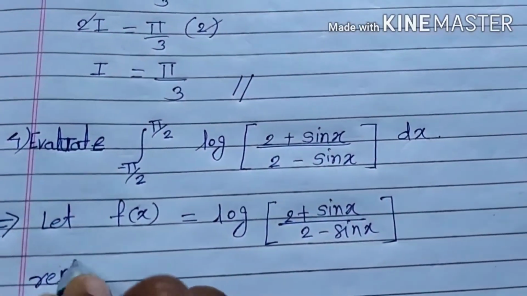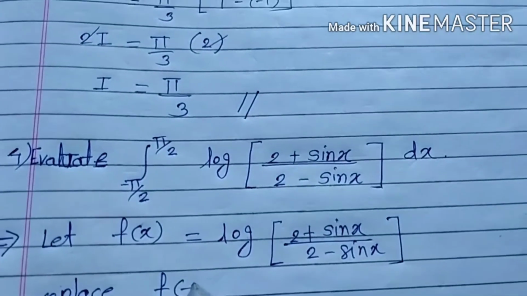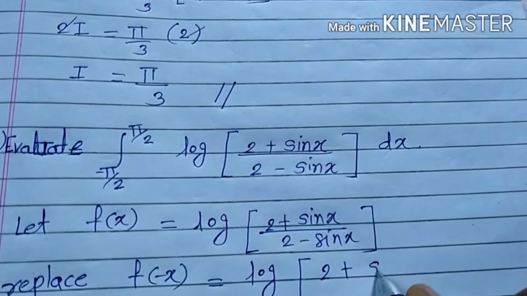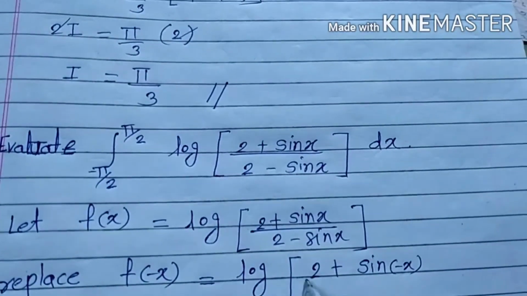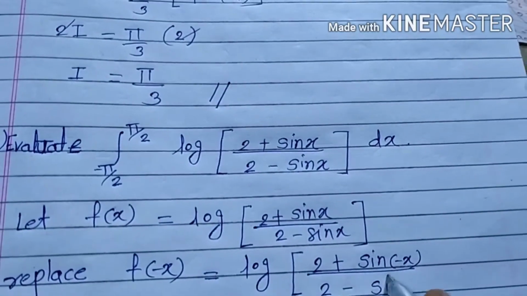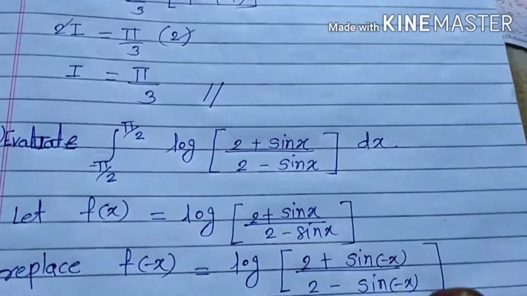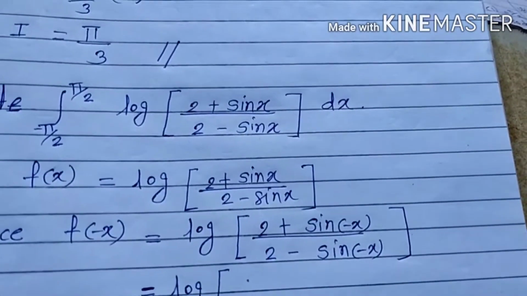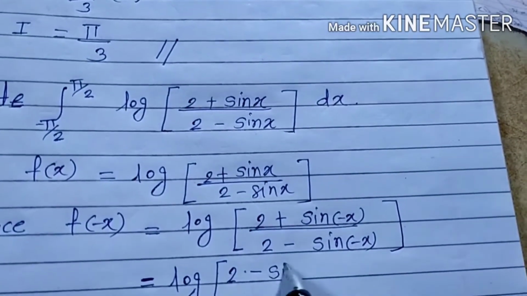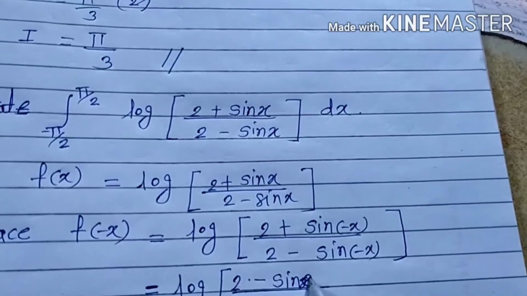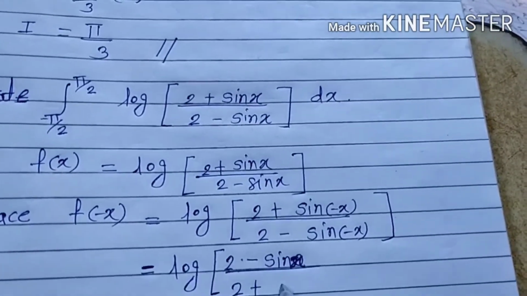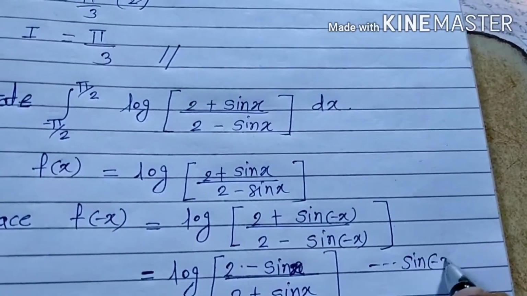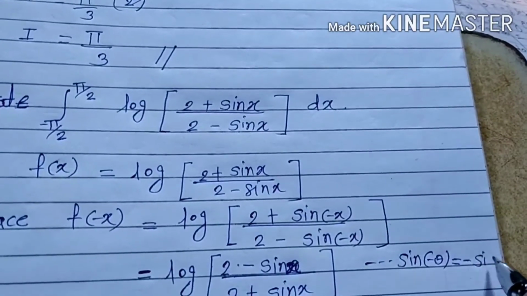Now replace x by minus x, so f of minus x is log of (2 plus sin of minus x) upon (2 minus sin of minus x). So it is log of (2 minus sin x) upon (2 plus sin x), because sin of minus theta is equal to minus sin theta.